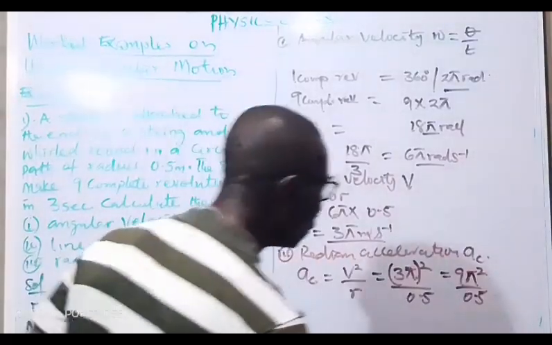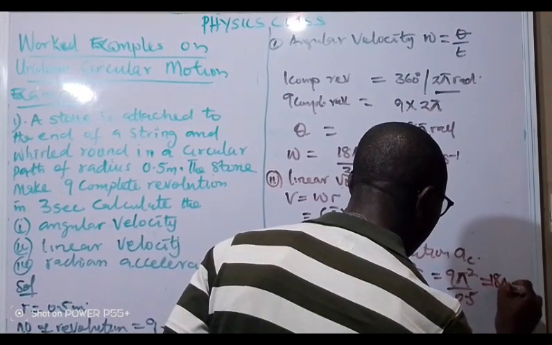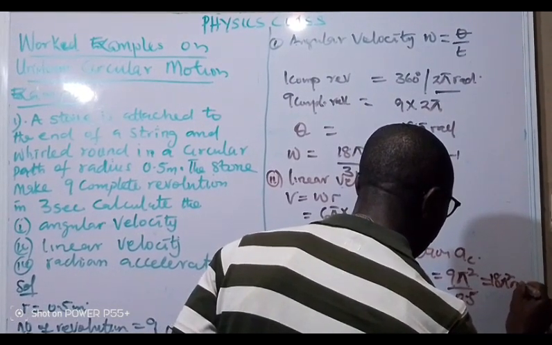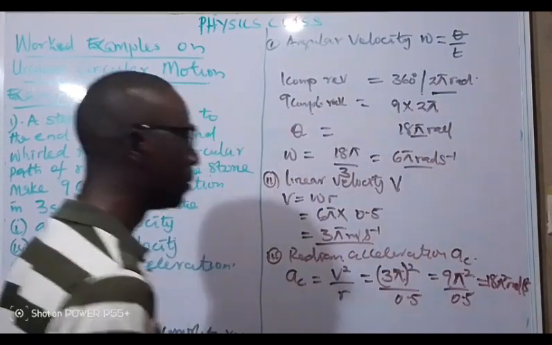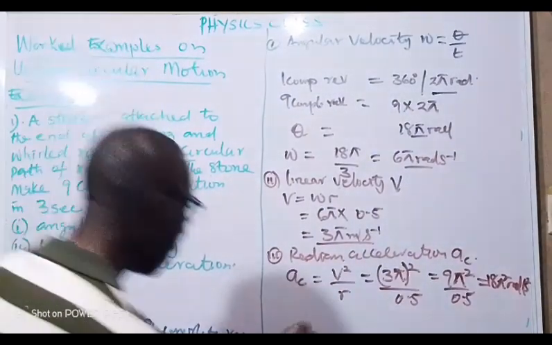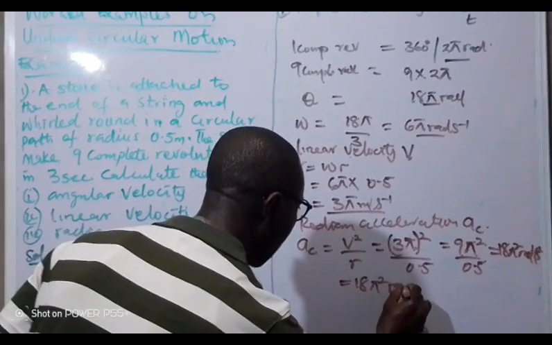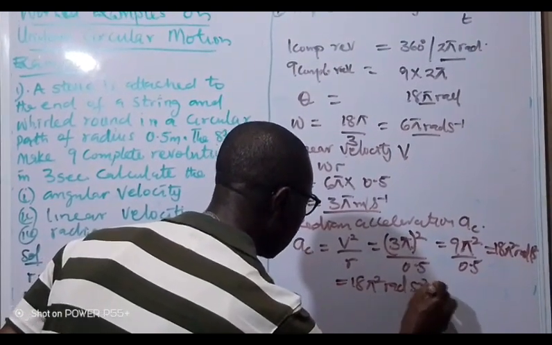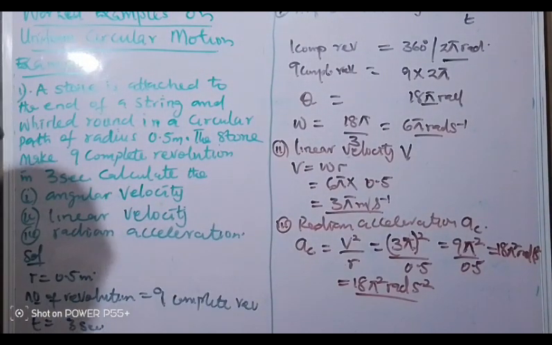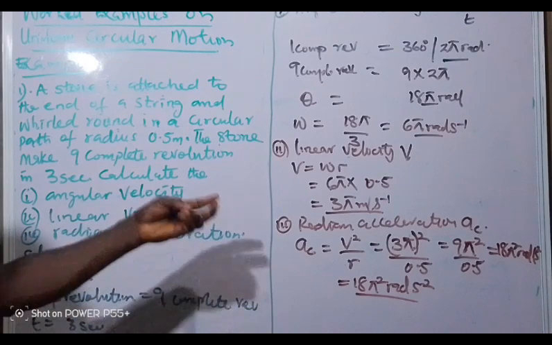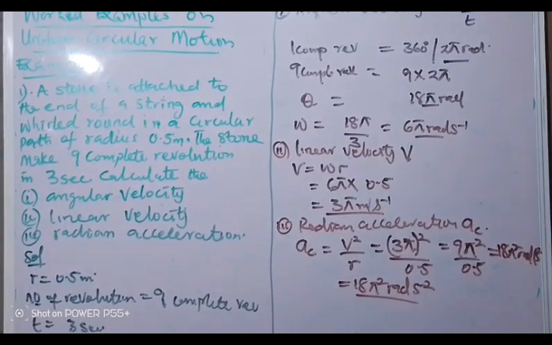The answer is 18 pi squared rad per second squared. Don't forget the unit of radial acceleration is rad per second squared. So that's the answer to question number 1.